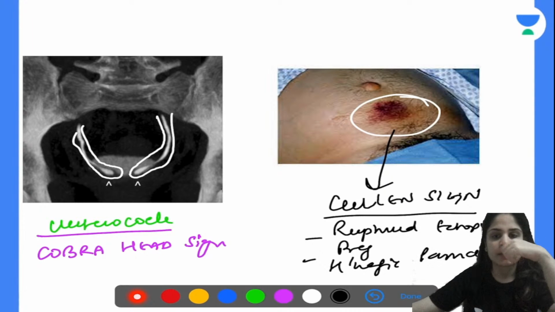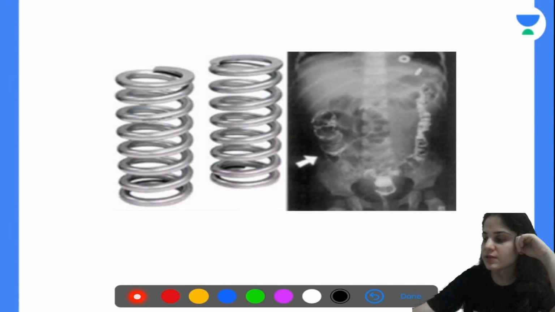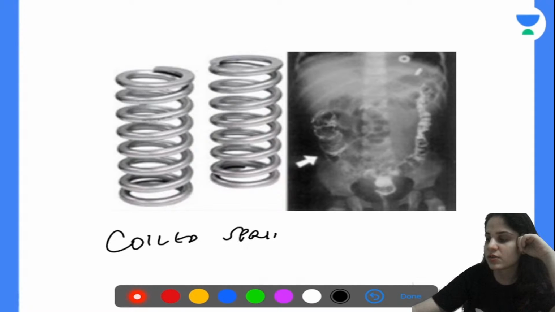Correct? Okay. Now, the next sign that you get over here, where your bowel is looking like a coiled spring. This is called your coiled spring sign. In which condition do you see the coiled spring sign?